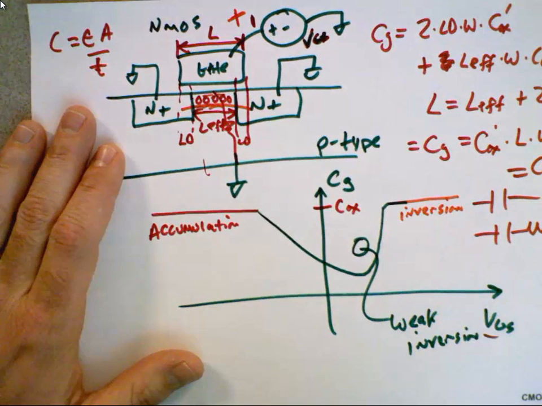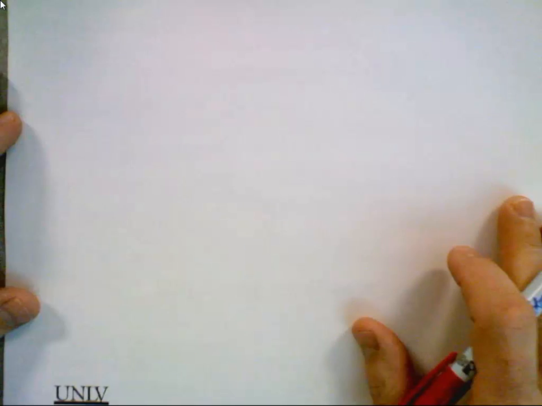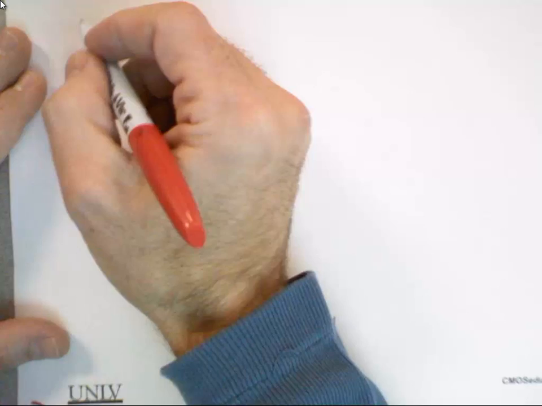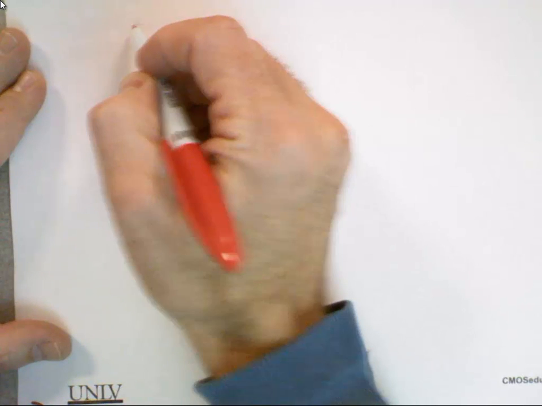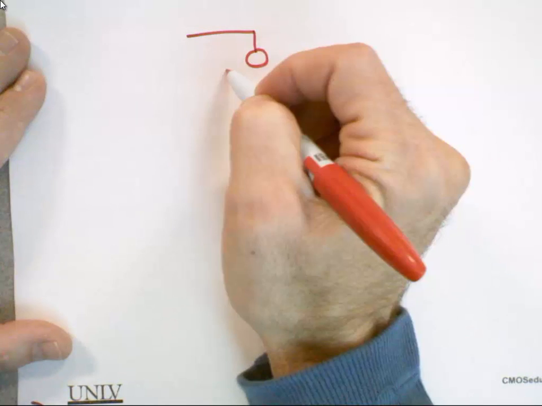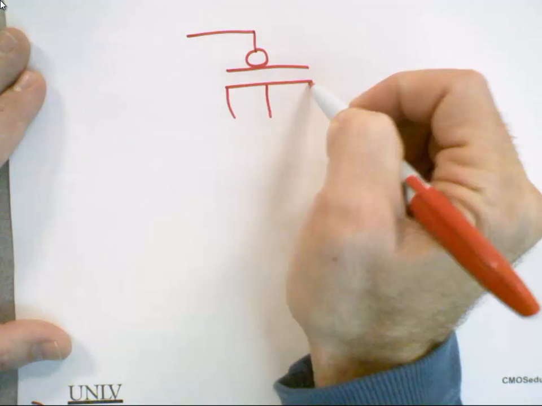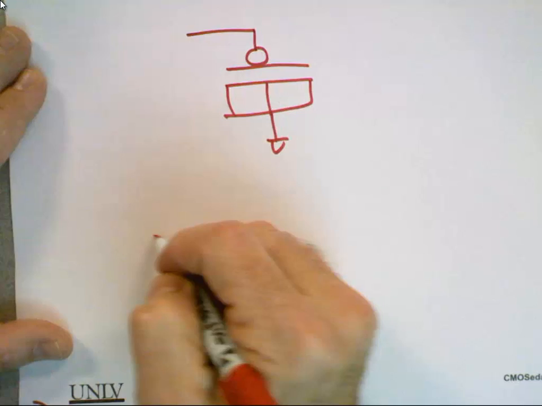Okay, so with the PMOS, I can do it one of two ways. The first way of explaining strong inversion is this. I say exactly like we did before, except I have a PMOS device. And I draw the cross-sectional view.